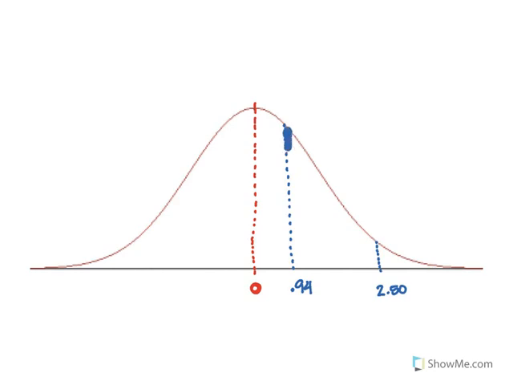I want to know the percentage of people that have an IQ between 115, which is your 0.94, and 140, which is your 2.5. Does everyone see that's what this means? That's your shaded area.